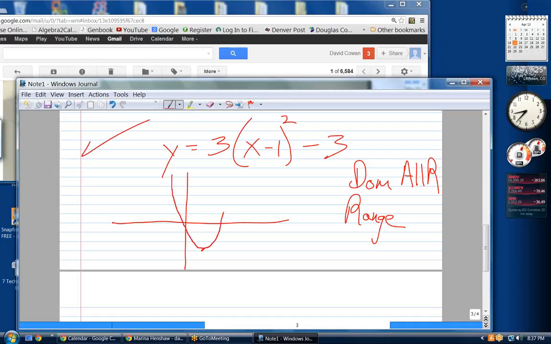If I give you the graph, can you see that the domain is whatever x wants to be? And that actually, even though it's not obvious from this graph, x can only go from negative infinity to positive infinity. Can you read the range off the graph?